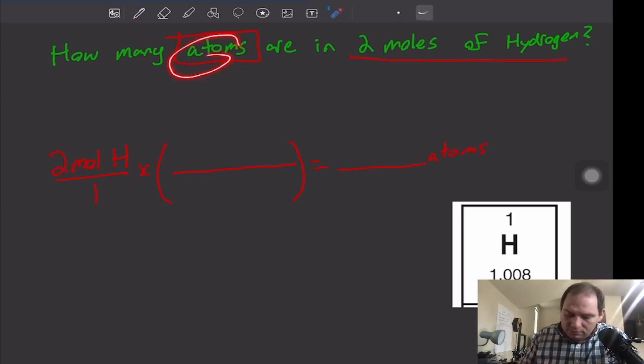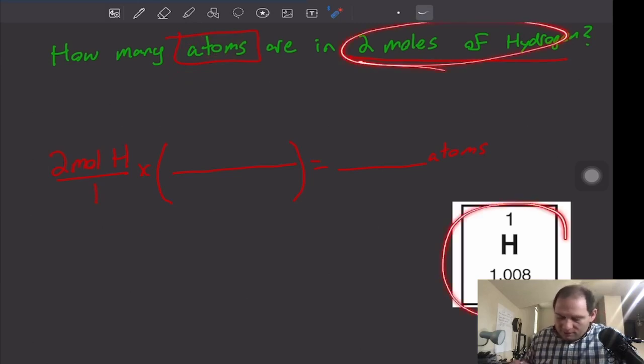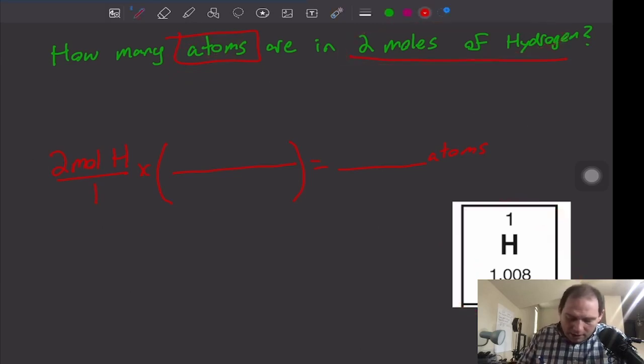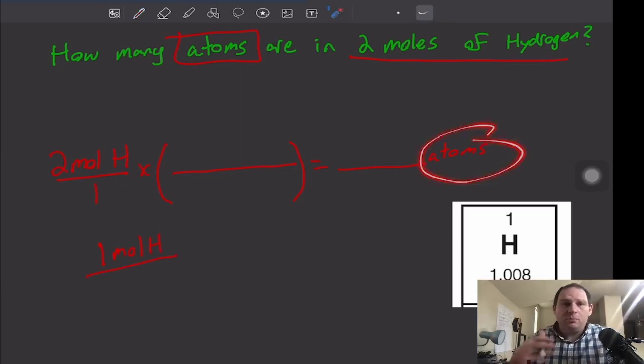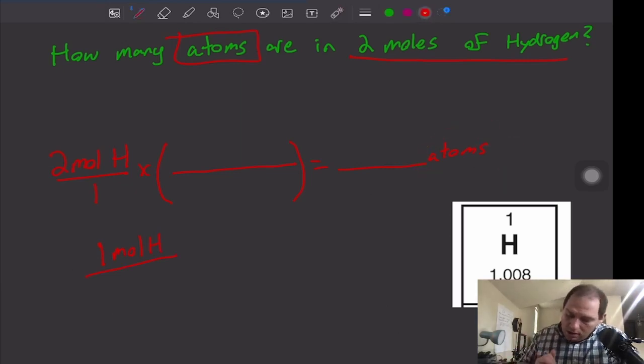We have atoms. We need moles. I know that 1 mole of hydrogen is equivalent to, well, we're looking for atoms, so let's use the conversion factor for atoms. It's going to be equivalent to 6.022 times 10 to the 23 atoms, which is the same as 1 mole of H.